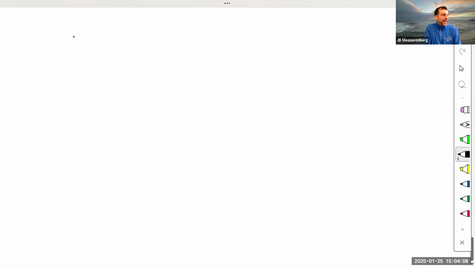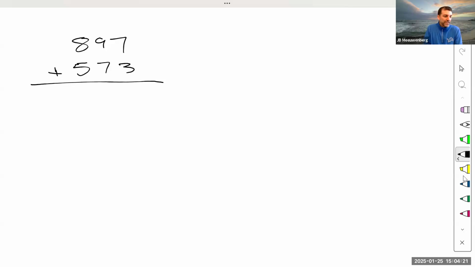And so let's say we have to add 897 plus 573. Okay, so let's say we're adding those two numbers. So the first thing you might do if you want to add left to right is add the 8 plus the 5 to get 13.